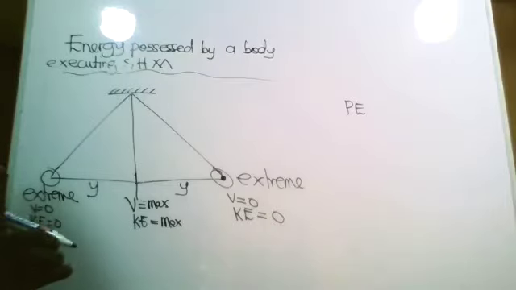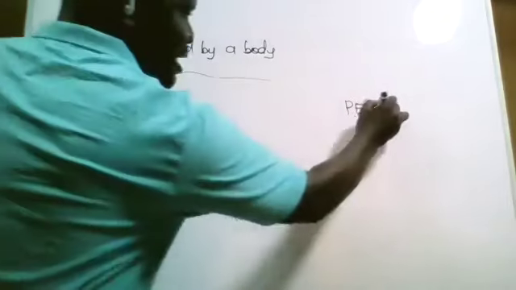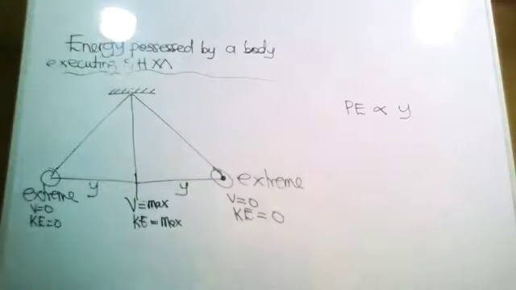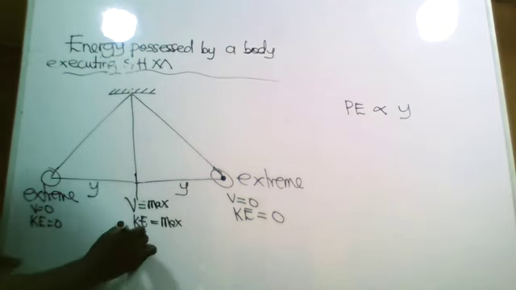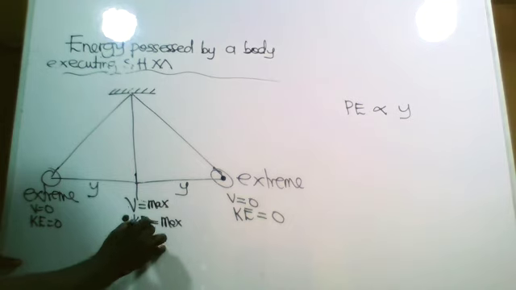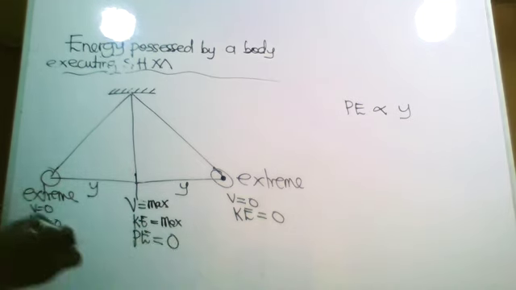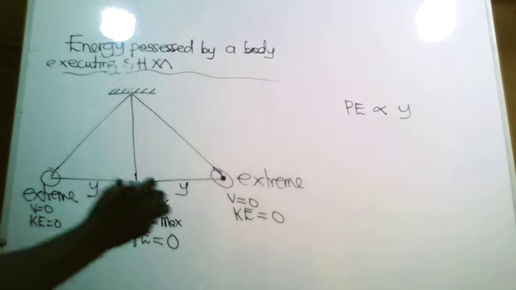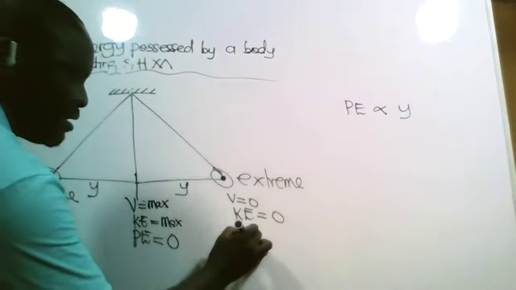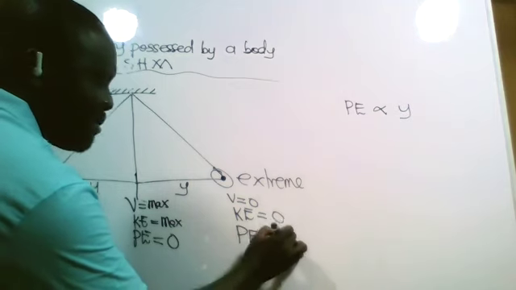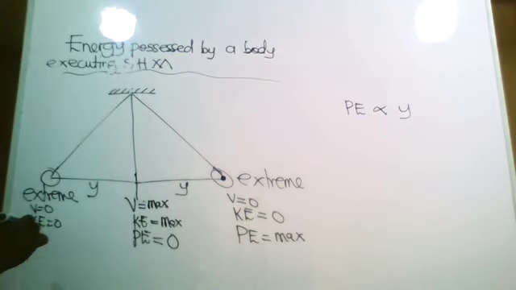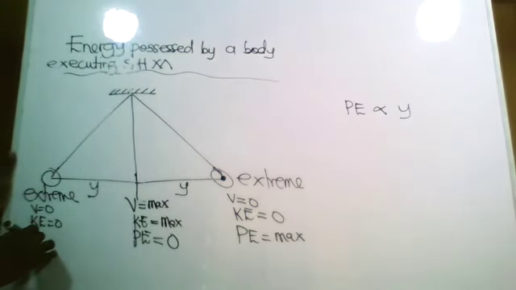Because PE is directly proportional to displacement, if displacement is 0, then PE would also be 0. So PE is 0 or minimum at the mean point, and PE is maximum at the extremes.